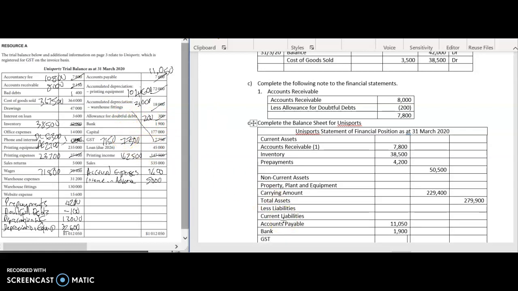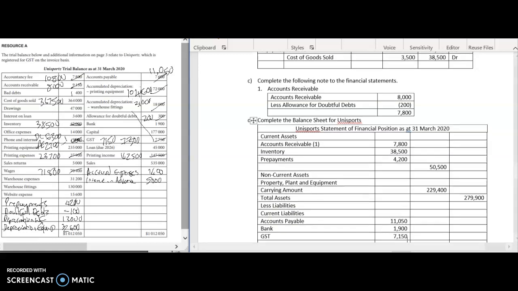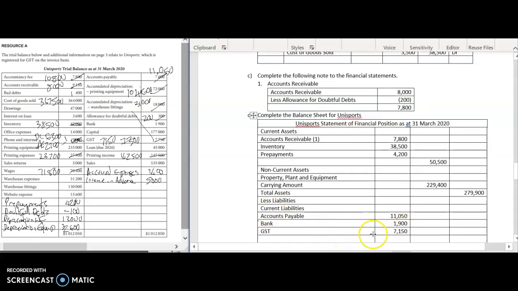Again, take a lot of satisfaction with that GST, that you've done all the hard work, all the mahi earlier on. So that's going to be a merit or excellence grade for you. The loan's due 2026 and we're only in 2020, so it's not a current liability. We've got accrued expenses and income in advance.